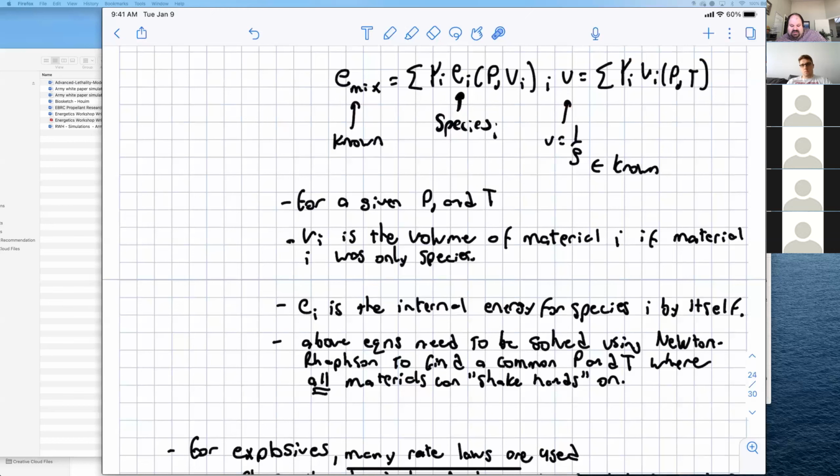So giving it a good starting guess for pressure and temperature is important. And then you also wind up with scenarios where you can have a solid in extreme tension, which is negative pressure, adjacent to a gas, and the solid wants to be in tension, but the gas physically can't be in tension.